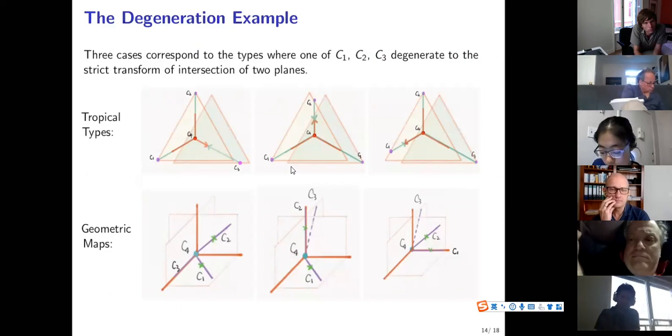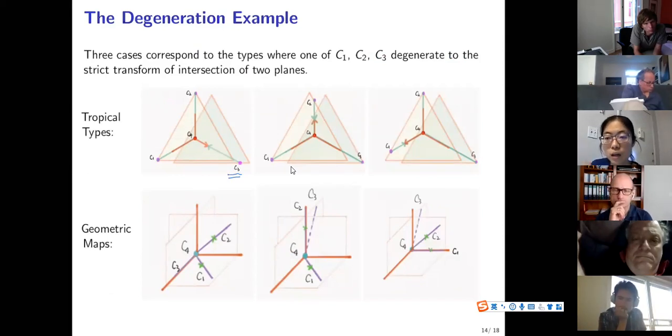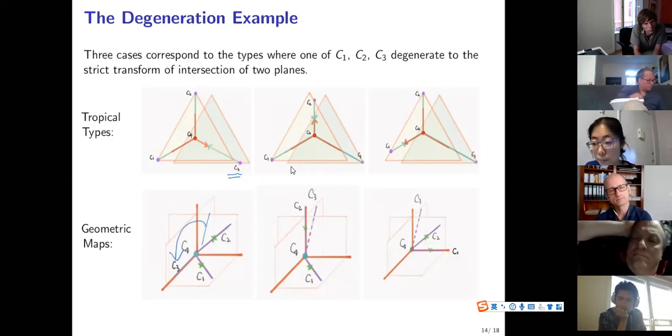In this case, since we degenerate C3 into a deeper, larger cone, C3 starts from here and degenerates into this strata. And similarly, for this case, we degenerate C2, so C2 degenerates from where we start and goes to here, and similarly for the third type.